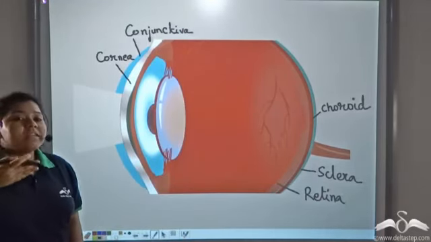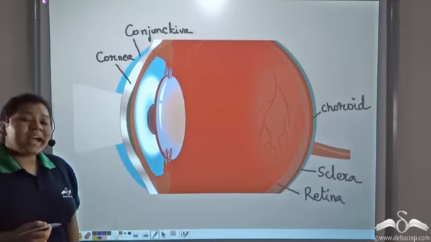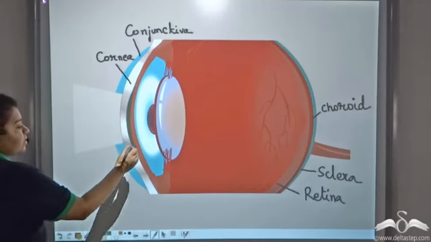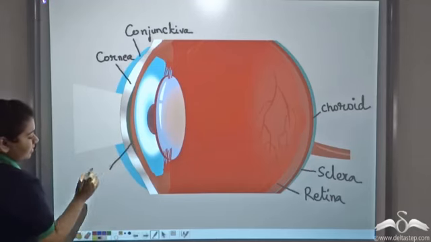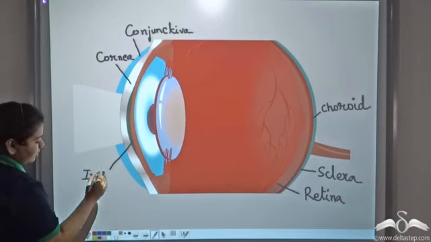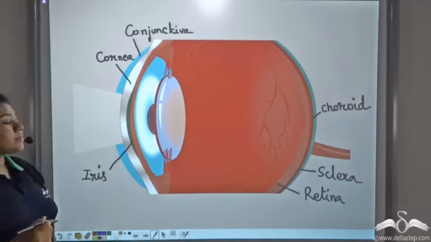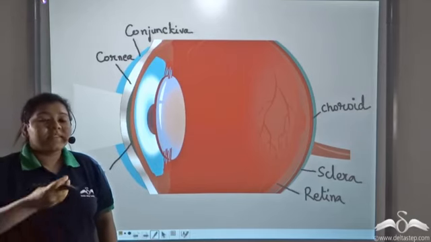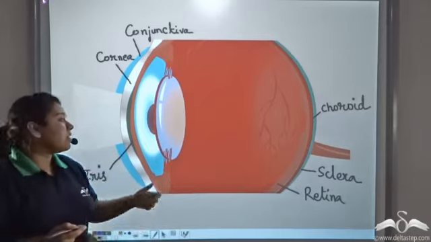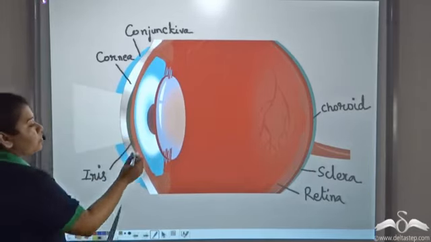The colored part of the eye is known as the iris. So this is the iris. The circular opening in the middle is known as the pupil. So this is the pupil.